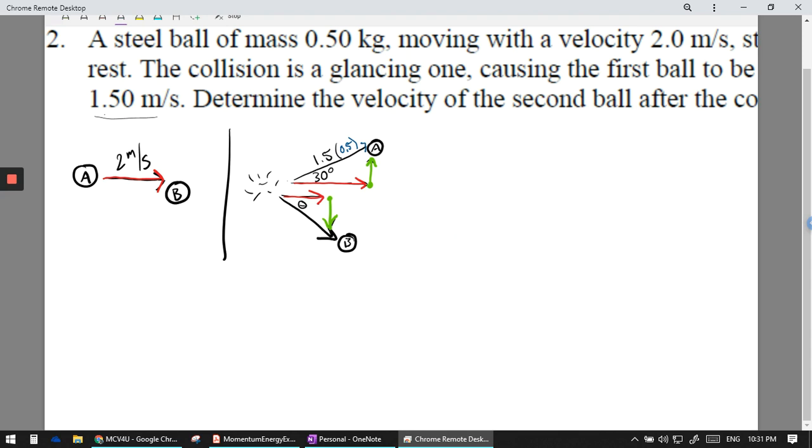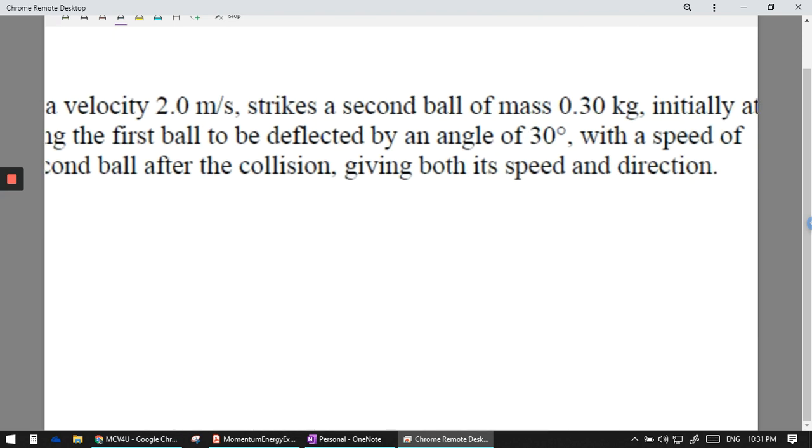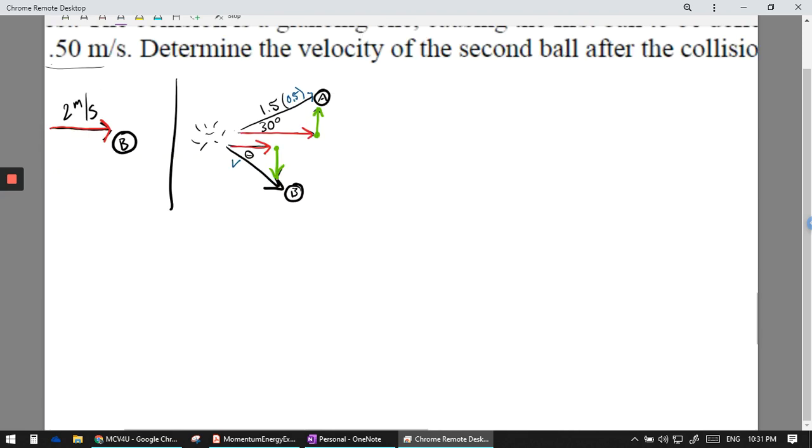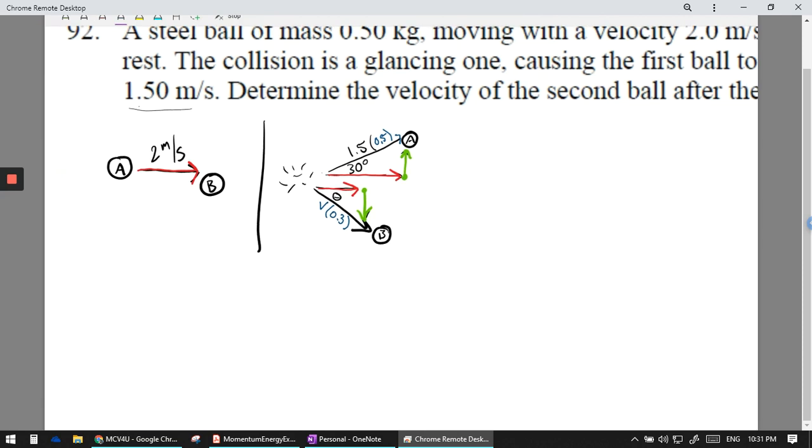Over here, down on the bottom, this is a velocity that I don't know, and it should be multiplied by the mass of ball B. Well, the mass of ball B is given as 0.3 kilograms, so I'm going to do 0.3. Therefore, I've made both of these vectors into momentums.